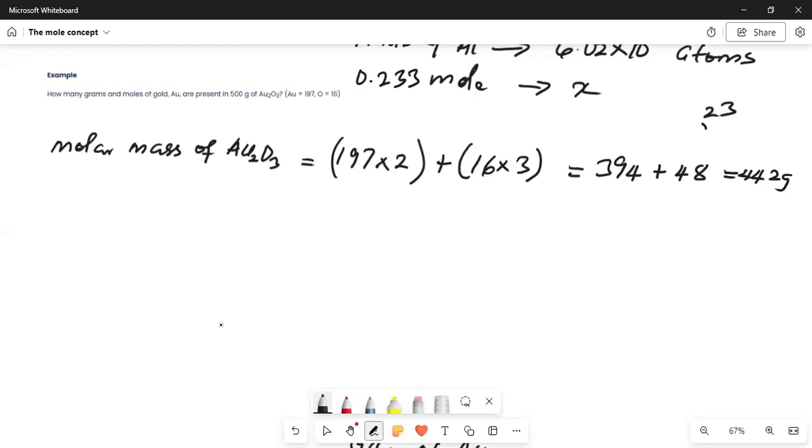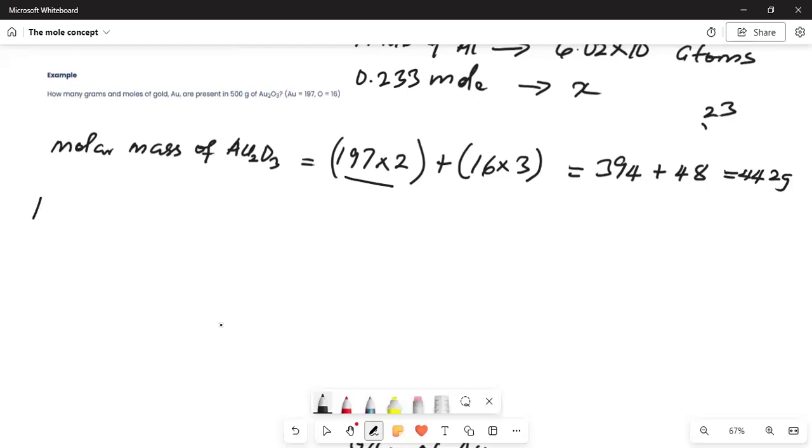But the question is asking us, there is this particular sample of gold oxide given to us. The mass is 500 grams. It is in this sample they want us to know the amount of gold in grams. So to do that, for any sample of gold oxide, there are what? 197 times 2 grams of gold in it.